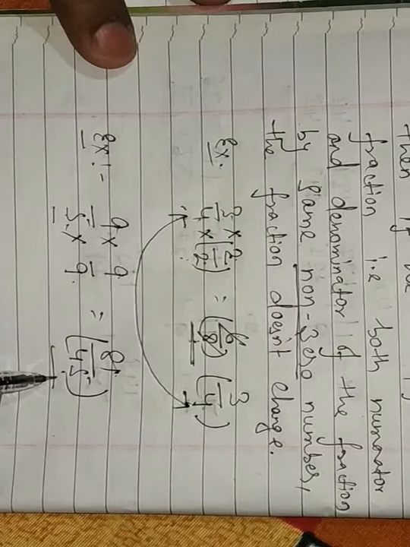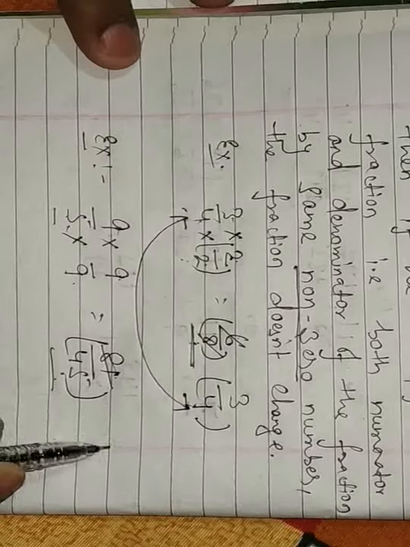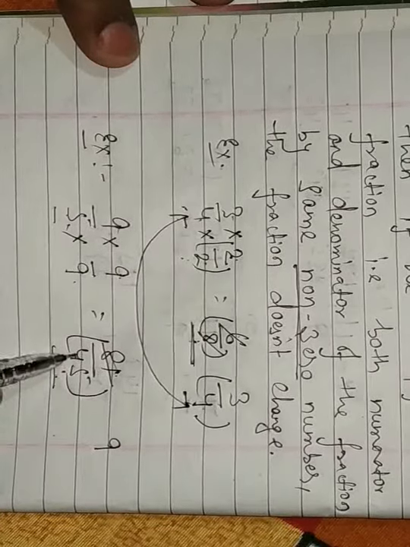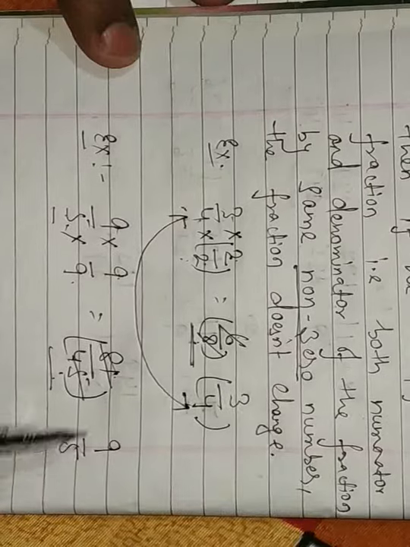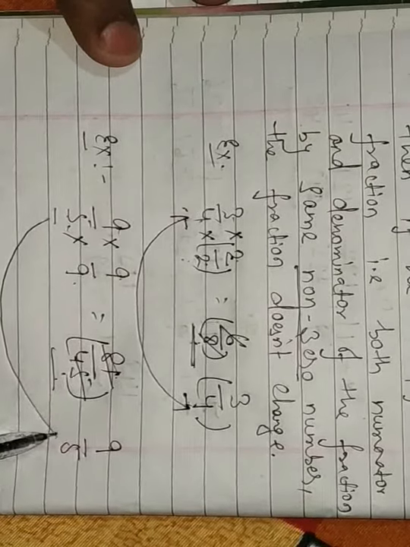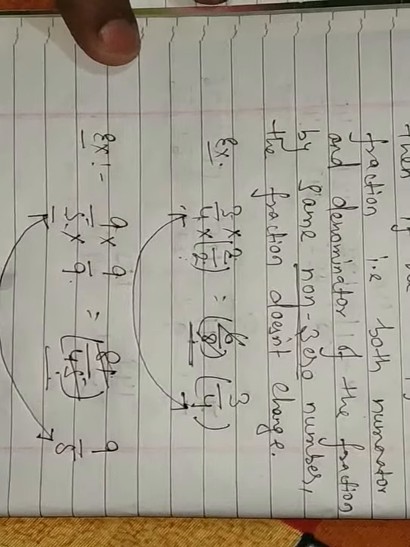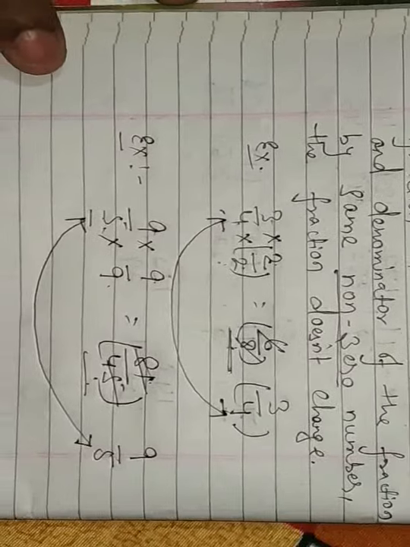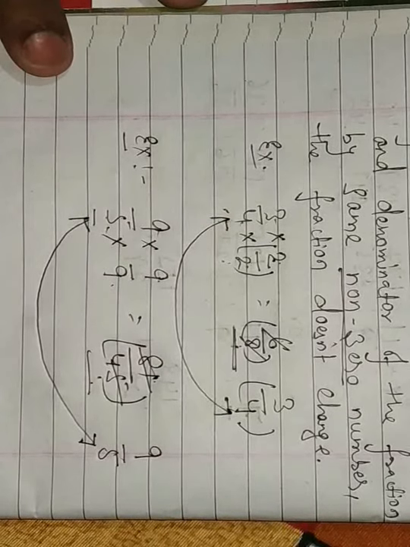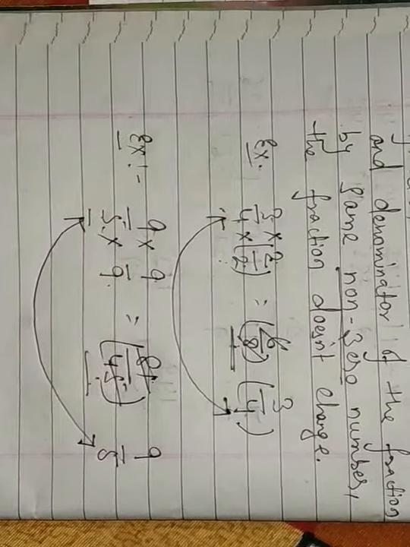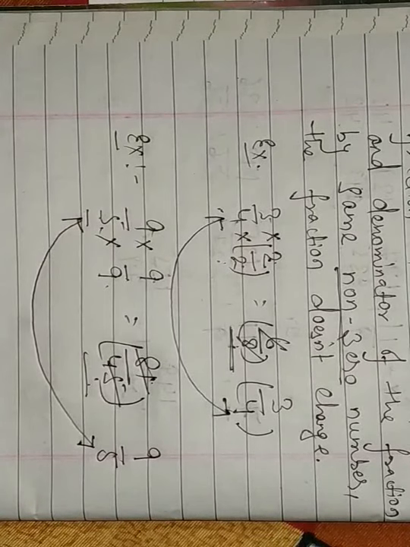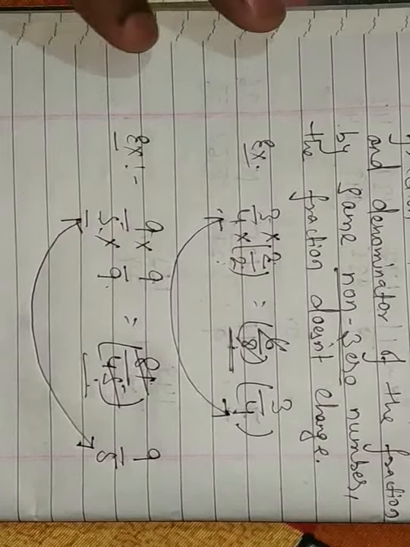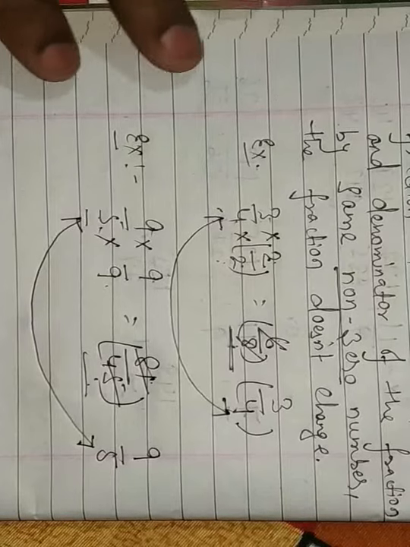We can simply simplify this by dividing by 9. 9 9s are 81 and 9 5s are 45. Thus both the fractions are same. That is why multiplying the fraction with any non-zero number does not change the fraction. But you have to remember that we should always multiply the fraction with a non-zero number.